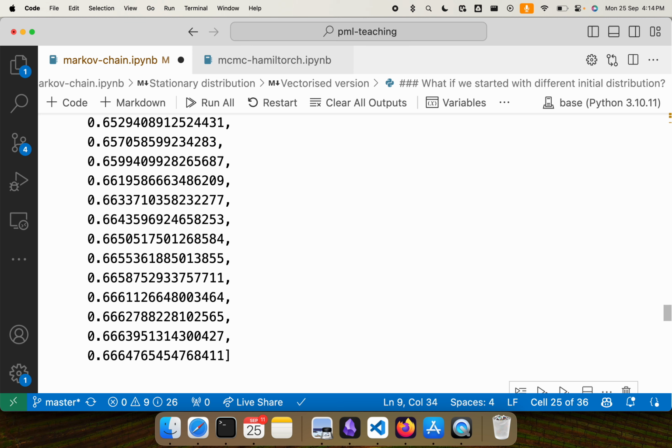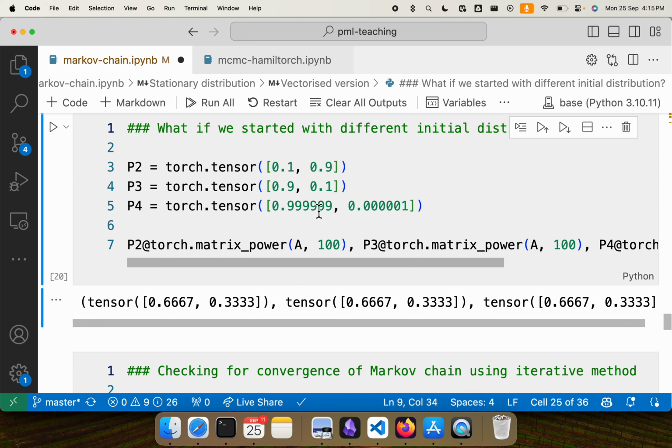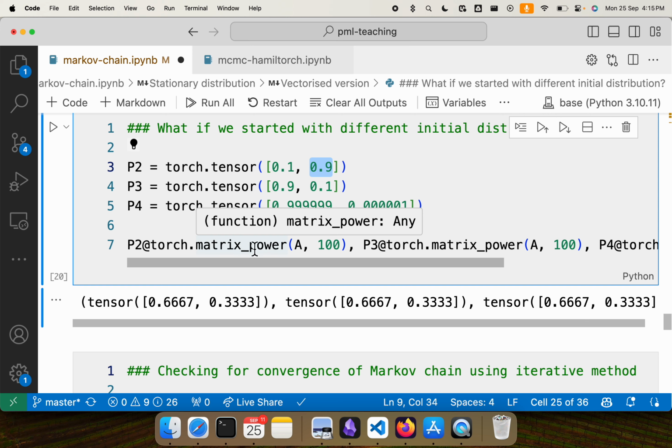So, one, the answer is because I gave you that hint. You don't have to do any computation. You can start with 0.9 rain, 0.1 sun, or 0.9 sun and 0.1 rain, or 0.9999 sun and 0.001 rain. But if you do the torch.matrix_power of A, the important thing is that it's A to the power something which is giving you the convergence.